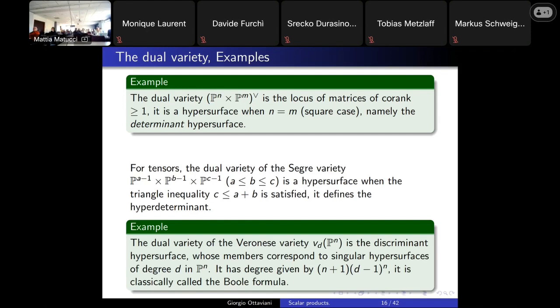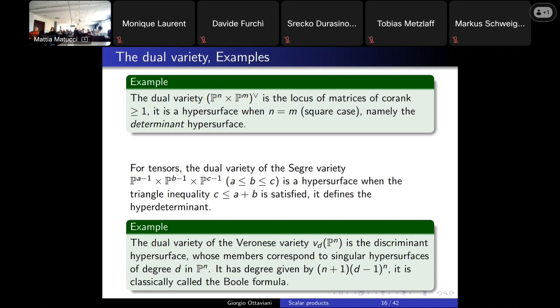And that's the third case, which is the symmetrization. What happens in the case of polynomials? When you have the Veronese variety, what's the dual? The dual is again called the discriminant, but has a nice interpretation. They are just the hypersurfaces which are singular, so which contain a singular point. And this is the degree. It's a classical formula found by Boole.